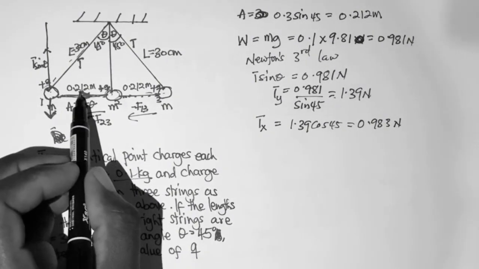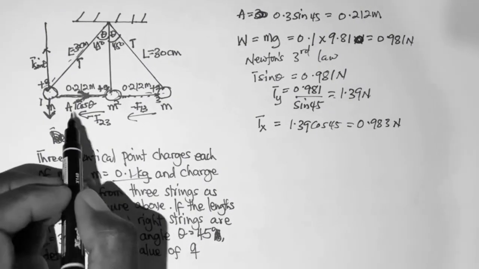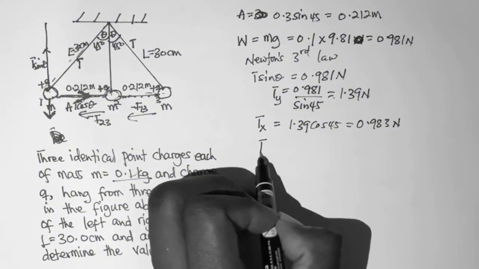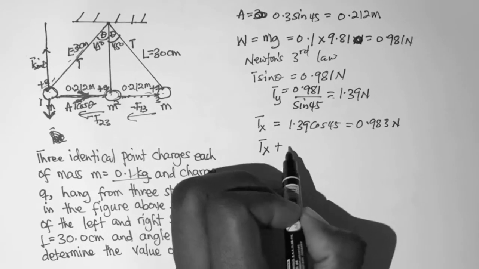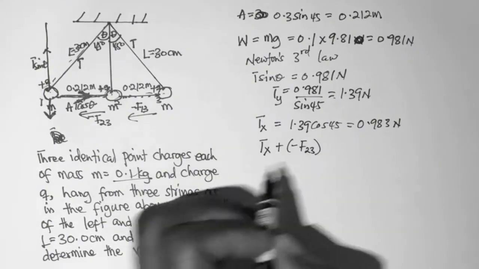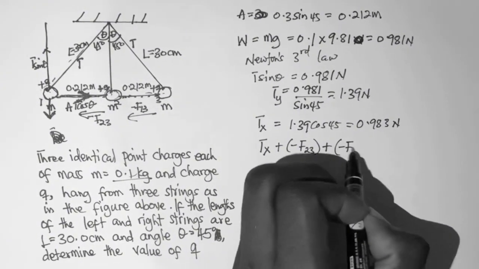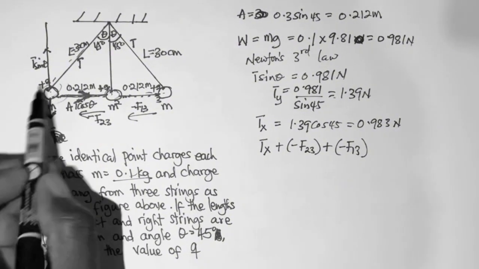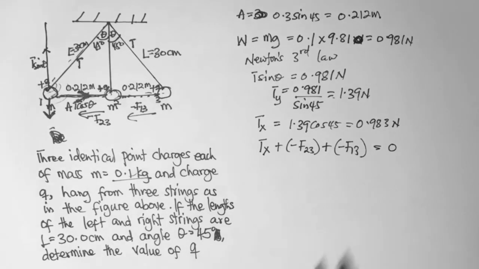But the horizontal component of the tension is going in the positive x direction, so that one remains. What it means is that Tx plus minus F23, and also plus minus F13, summing all the forces acting on this charge, is equal to 0.